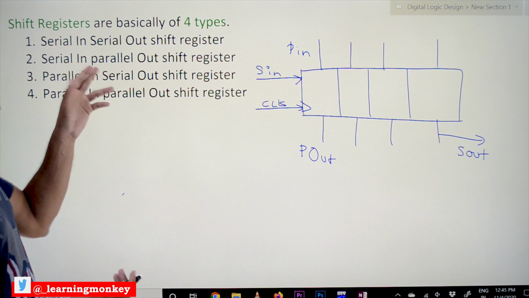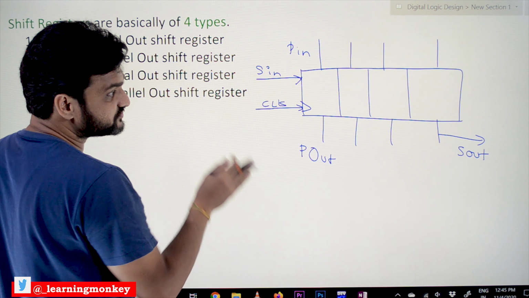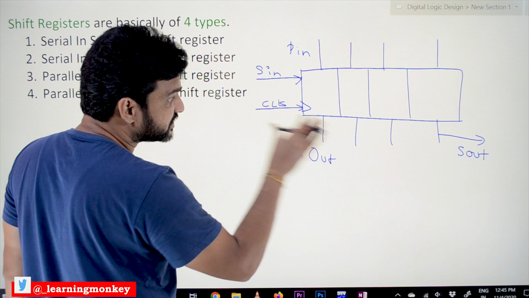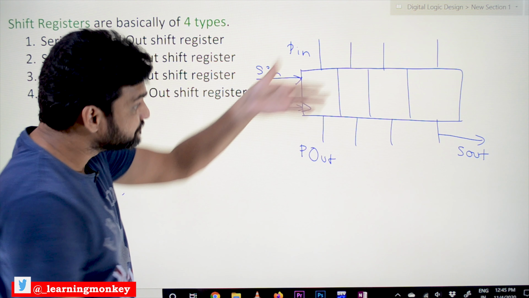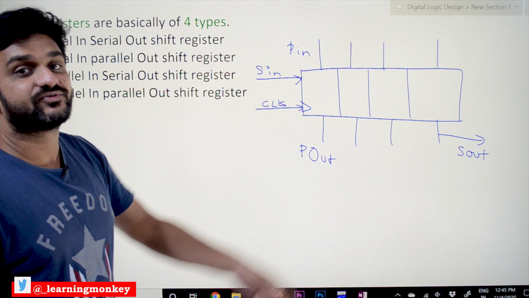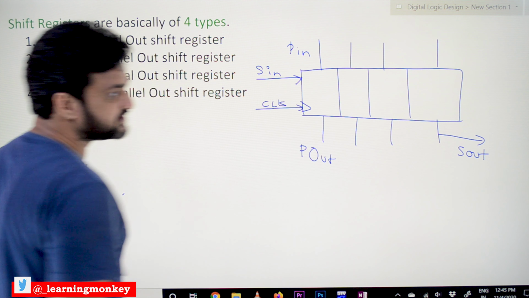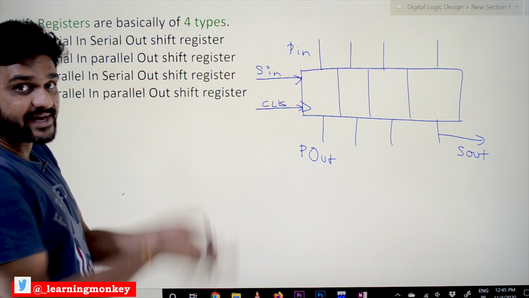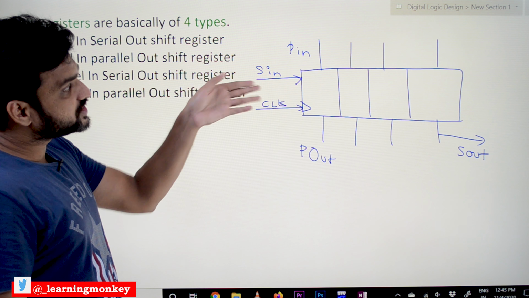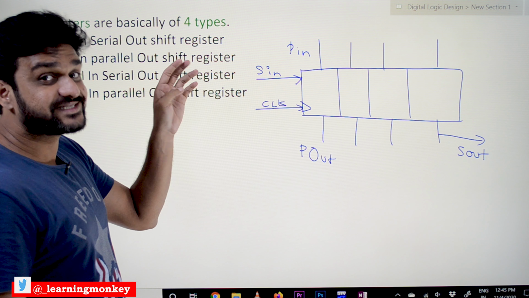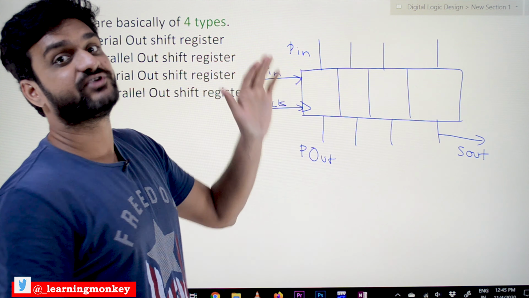Similarly, serial in, the input is provided in this way, but after shifting, after the clock, the output is taken in parallel. So this is what we call serial in, parallel out. If the output is accepted in parallel, it is parallel out. If the input is provided serially, it is serial in, parallel out shift register.